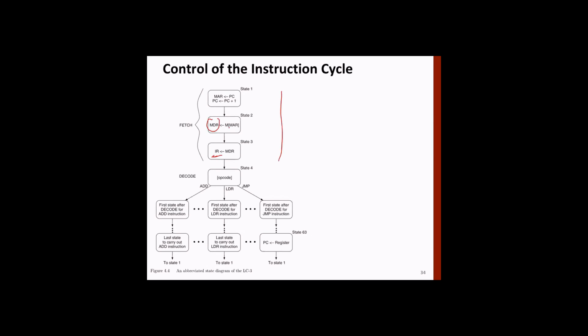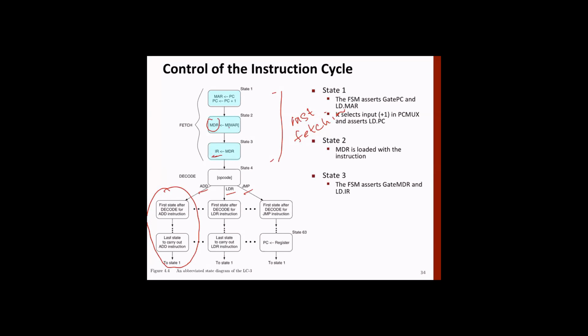This is nothing but instruction fetching. Now the instruction is available, then the control unit will decode it, whether it's add, load, jump, or whatever. Correspondingly, it will then get the operands and do the operations. All right, so this kind of complete state machine we can create for different instructions. Okay, all right. So these are the steps.